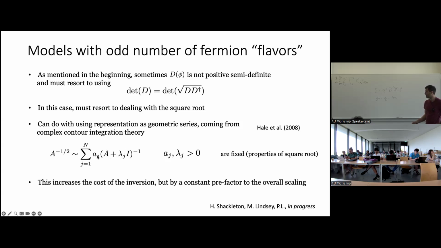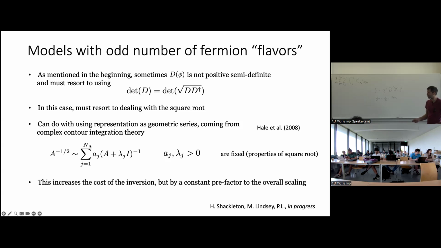But then the lambda i for larger j values start growing. Once that happens, this whole shifted matrix has a much better condition number, and that's a cheaper calculation.